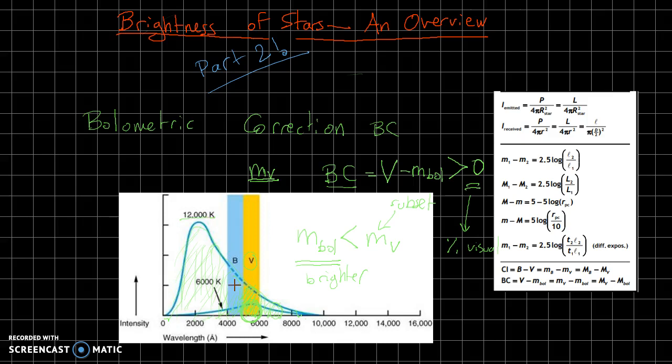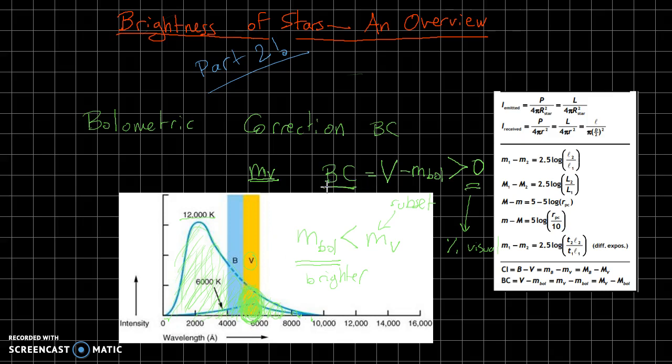A star like this one at 12,000 Kelvin, the visual light is a smaller percentage. Look at this. This is a much larger percentage than this one, right? So you would have to make a larger correction to your visual magnitude when you add the rest of the electromagnetic spectrum. The bolometric correction will be very large. So the smallest value it can have, which it doesn't, is 0, which means 100% of the light is visual.